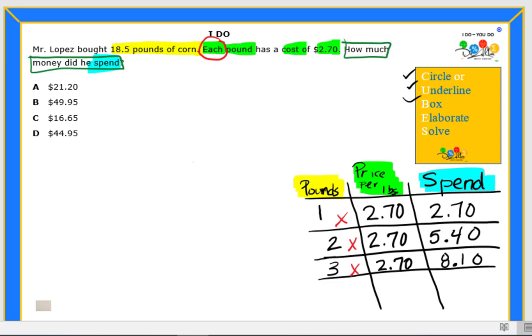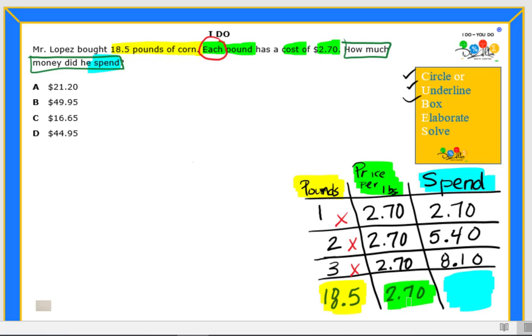So now let's get the information from our problem so that we can apply it. So we have 18.5 pounds of corn. We are still paying $2.70 each pound, but our question is asking how much are we going to spend? So 18.5 is our pounds.